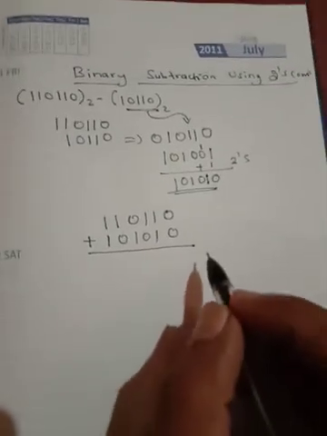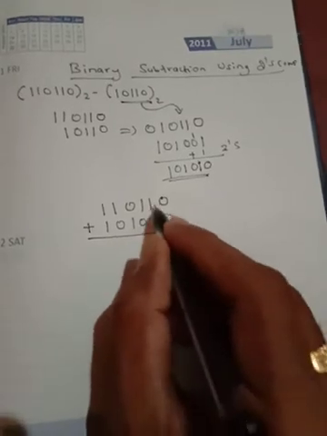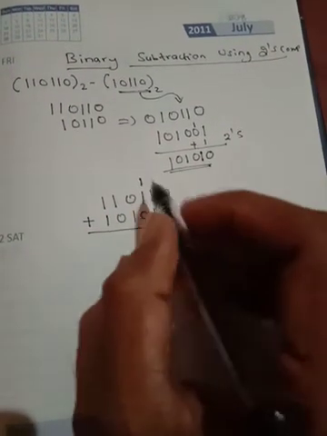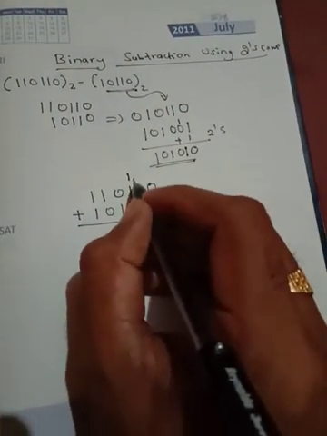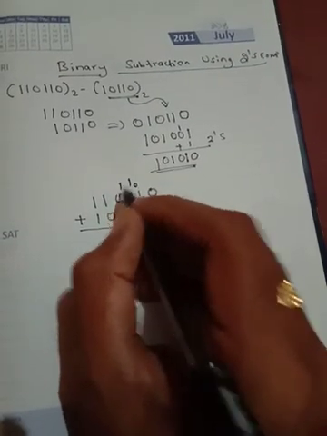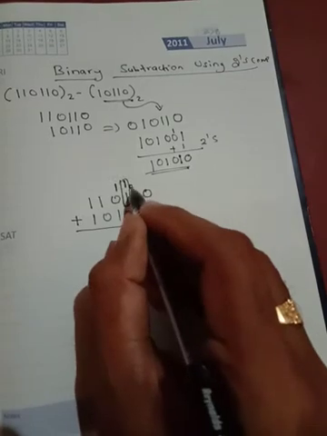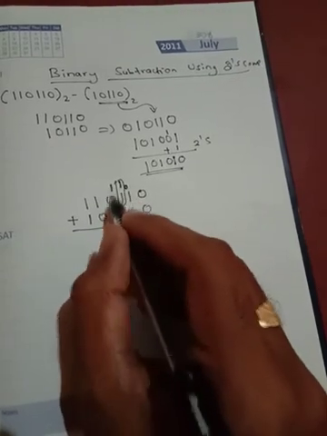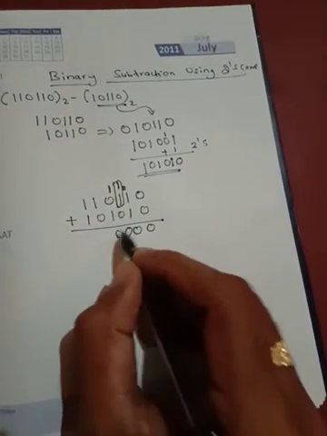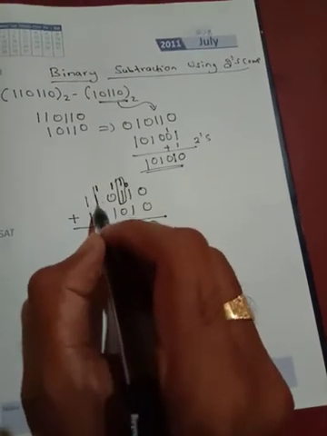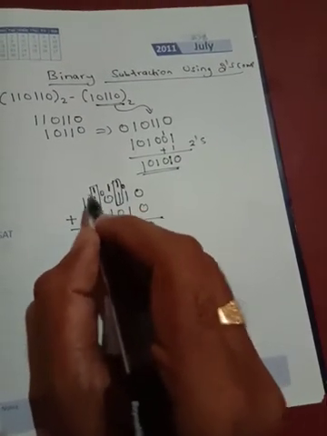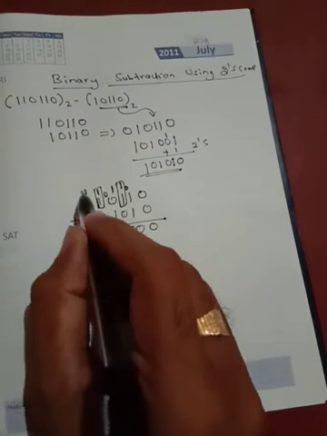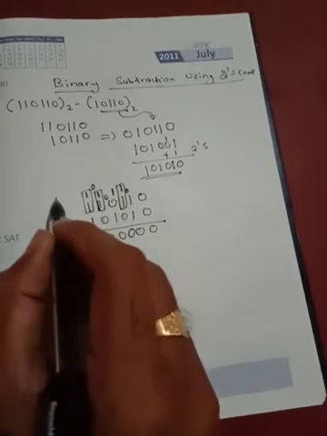This is normal binary addition. 0 plus 0 is 0. 1 plus 1 is 0 with a carry of 1. Then 1 plus 1 is 0, and you take the carry to the next bit. 0 plus 0 is 0. 1 plus 0 is 1. 1 plus 1 is 0 with a carry. 1 plus 1 is 0 with a carry. 0 plus 0 is 0. 1 plus 1 is 0 with a carry.